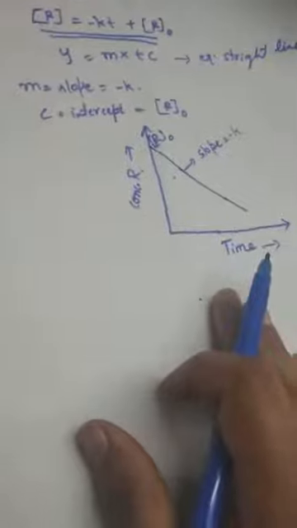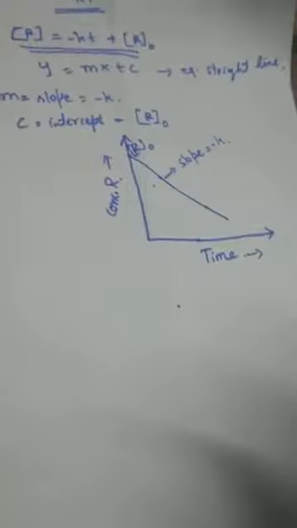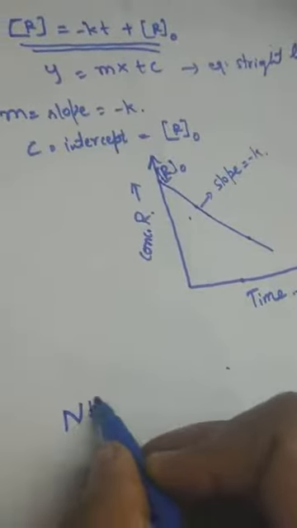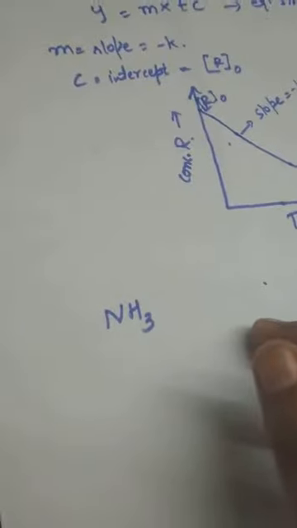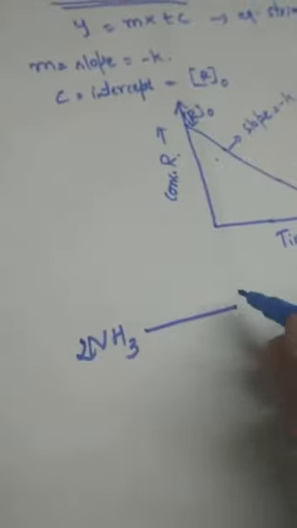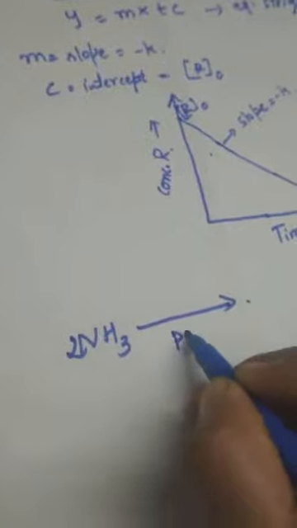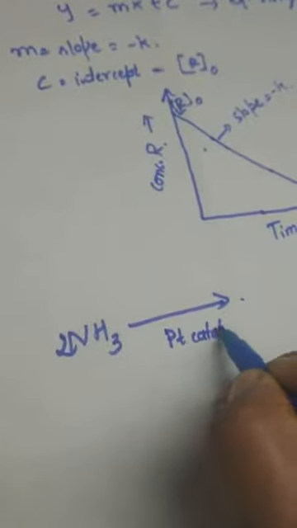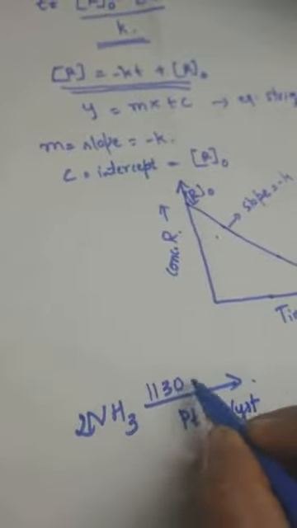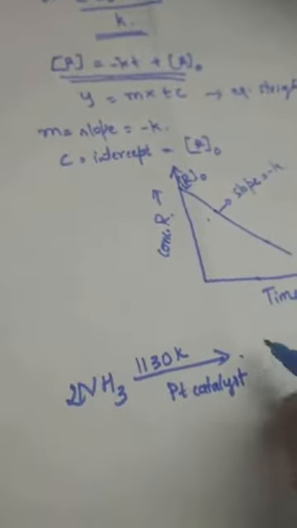So this kind of reaction is actually rare. I can give the example of the decomposition of ammonia in the presence of a platinum catalyst at a temperature of 1130 Kelvin.